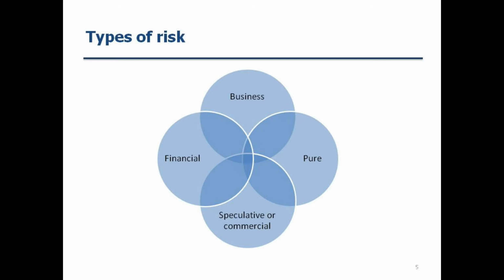So that's the reduction of an asset or future earnings as a result of damage or loss of property, unexpected death or injury. Then we have speculative or commercial risk, where there is both an upside and a downside risk, such as a new product, new market, starting up a new business. And finally, we have financial risk, which is the loss of financial capital.